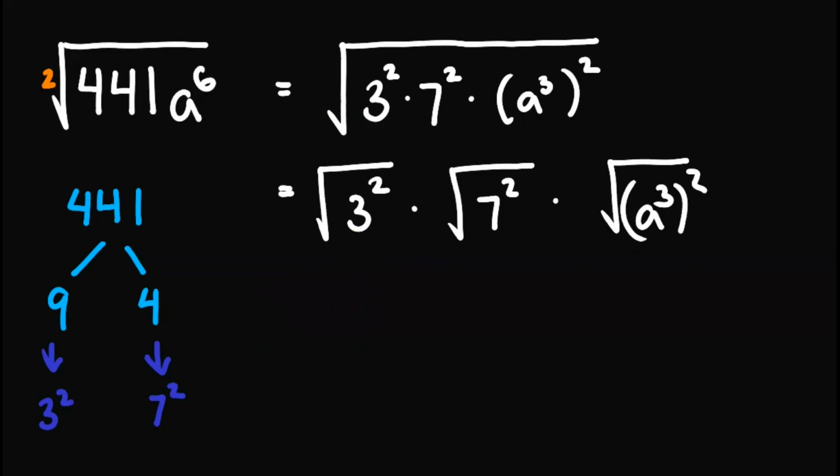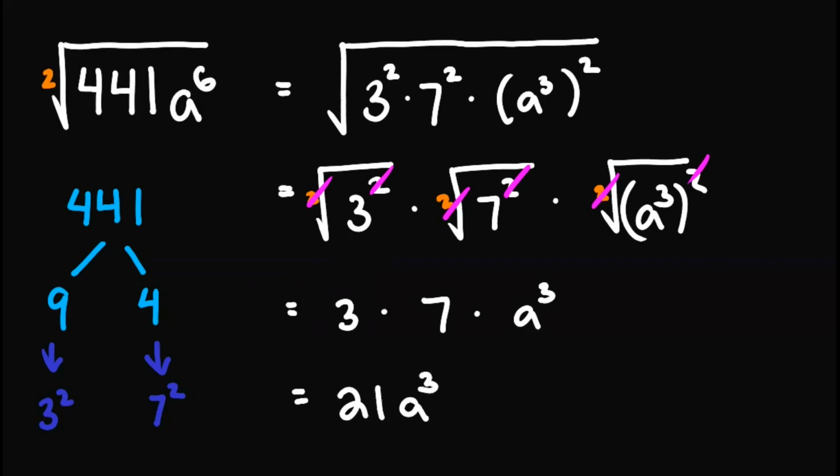Now by the first law of radical, since this has an index of 2, we can cancel this out. So we'll just be left with 3 times 7 times a cubed, or simply 21 a cubed. And that is the answer.